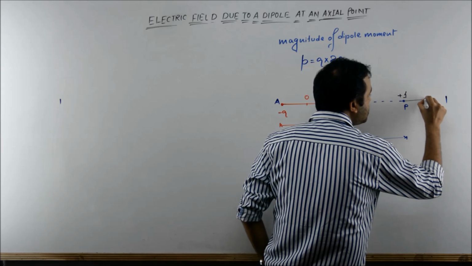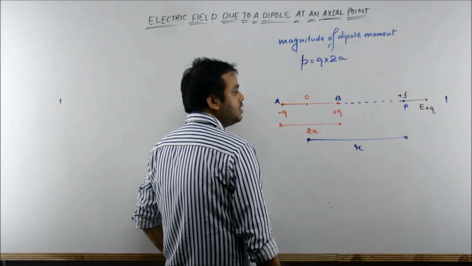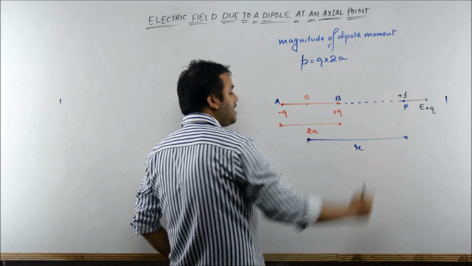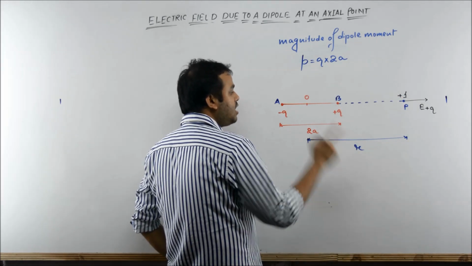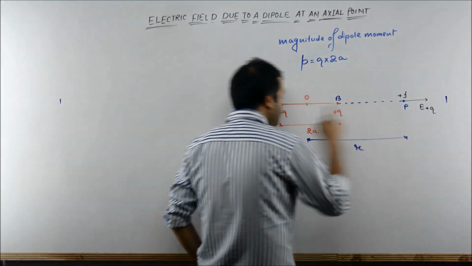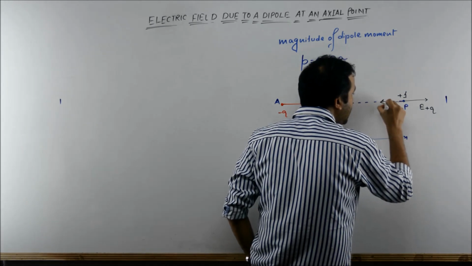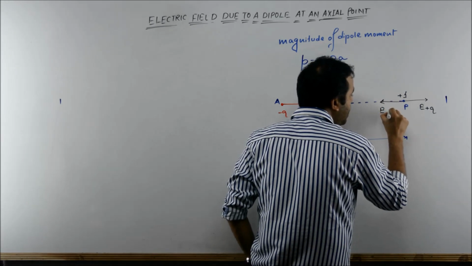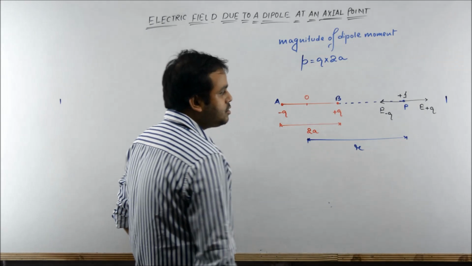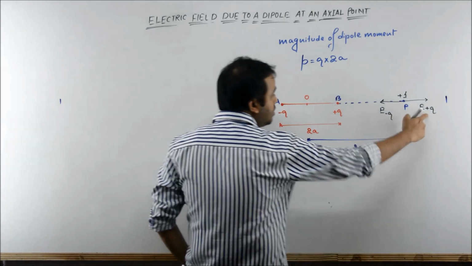So this is the direction of electric field due to positive charge. And at point P, the direction of electric field due to minus q is positive attraction. So this is the direction of electric field due to minus q. Clear students? Now let us see the magnitudes of these two electric fields.